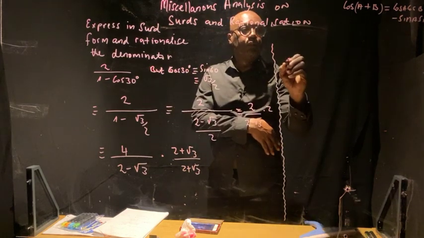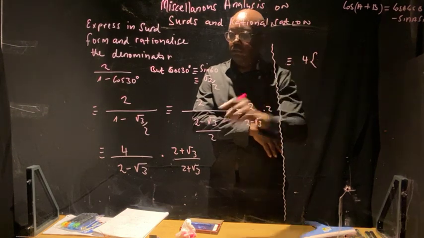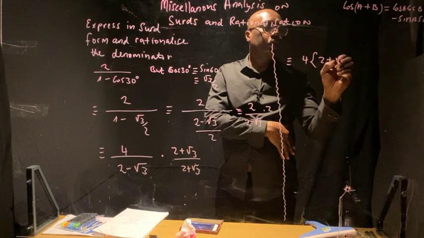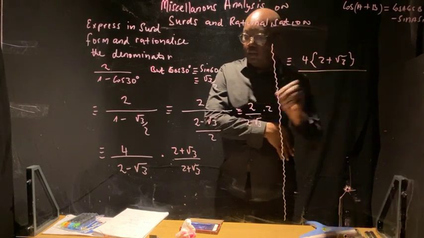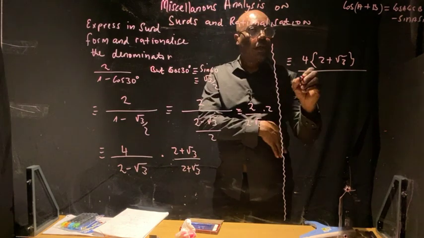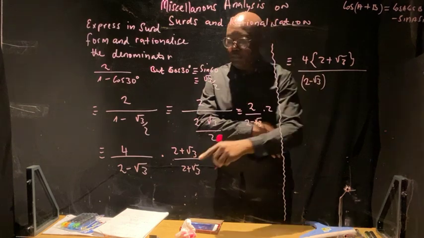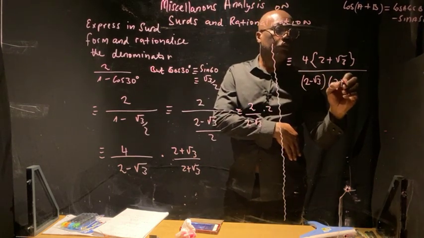which is also not different from 4 multiply 2 plus root 3 over 2 minus root 3 multiply 2 plus root 3.